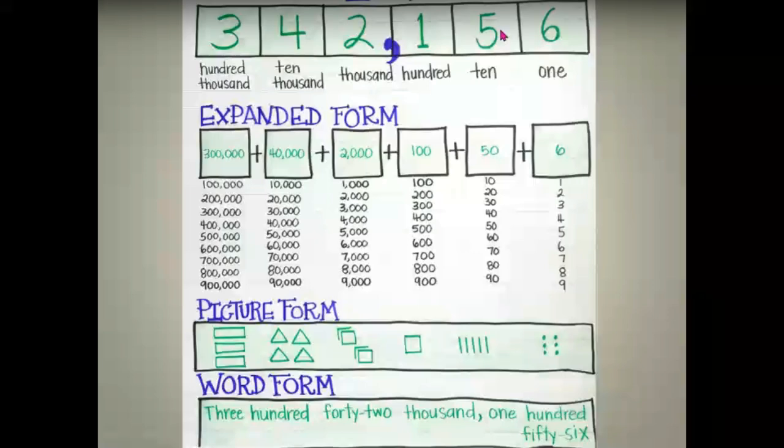So this number is 342,000, as we can see down here, 342,156. I hope you are making sense.